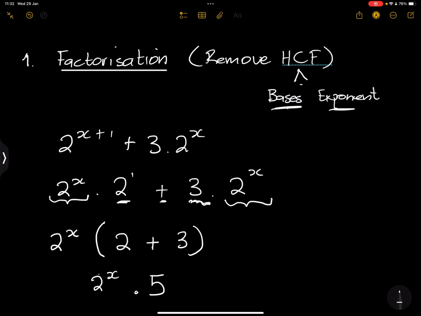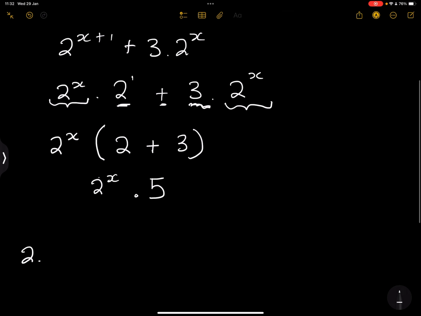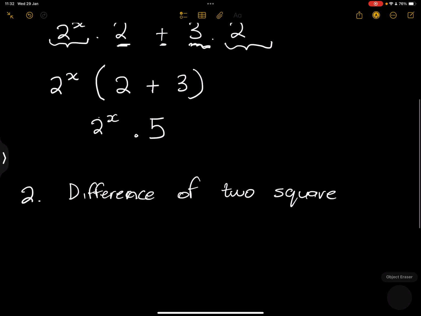I'm going to apply some more of this as we go along. But what's the second thing that I want you guys to remember? Whenever we are factorizing, sometimes we'll have to look at the difference of two squares. For those of you in grade 11, I want you to remember this.